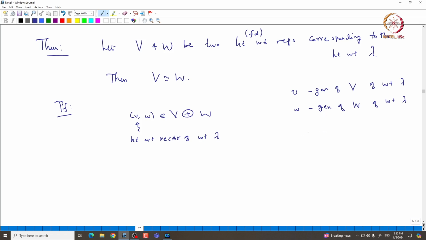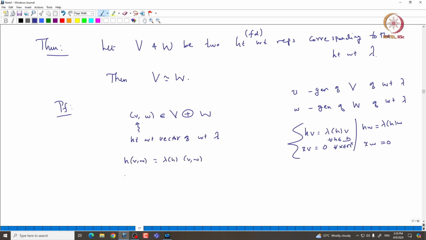By definition of highest weight, we know that Hv is lambda(H)v and Xv is 0. Similarly, Hw is lambda(H)w and Xw is 0, and this is true for all X in n plus and for all H in h. Using these equations, you can easily conclude that H(v,w) is lambda(H)(v,w) and X(v,w) must be 0. So that means this is a highest weight vector.